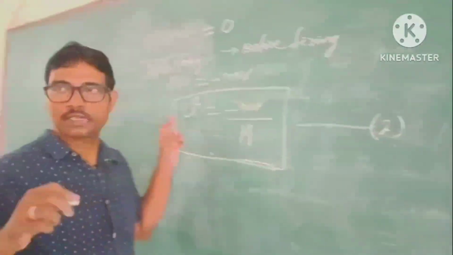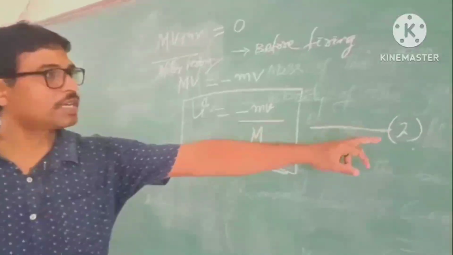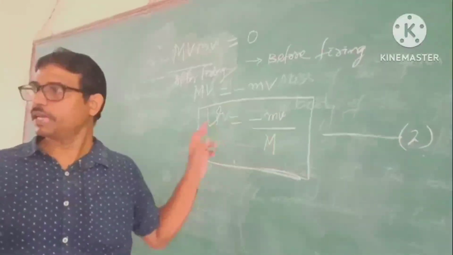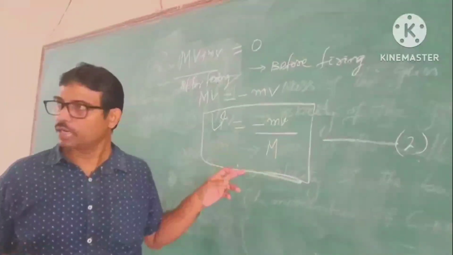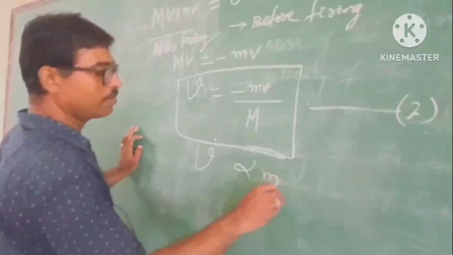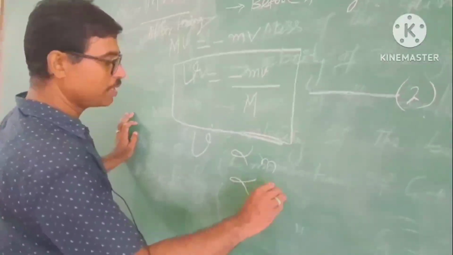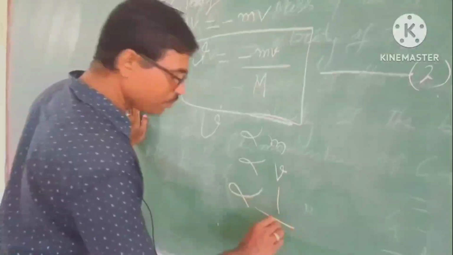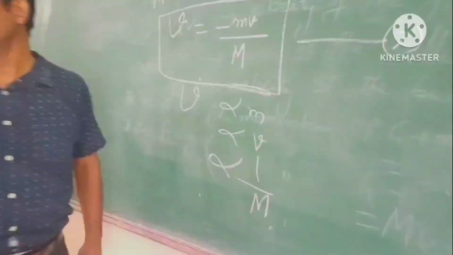This is known as recoil velocity, and equation 2 represents the recoil velocity of the gun. Now what you are observing: V is directly proportional to m, directly proportional to v, but inversely proportional to the mass of the gun.